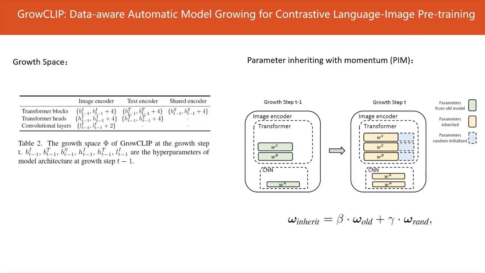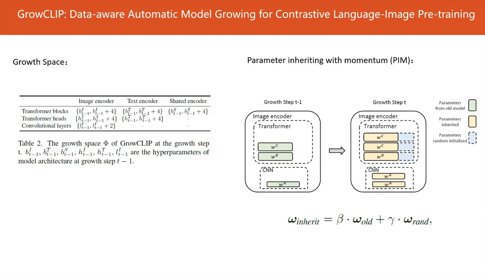Different from traditional NAS approaches, we introduce a cross-modal customized NAS by defining a dynamic search space named growth space, which is enlarged when more data comes, and proposing a shared encoder search space to enhance the degree of cross-modal fusion. In our growth space, we explore the depth and width of the transformer and the depth of convolutional layers.